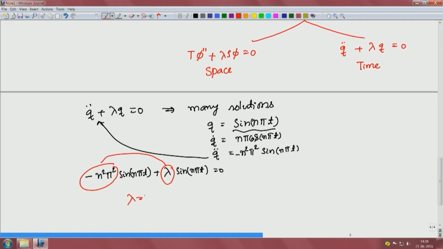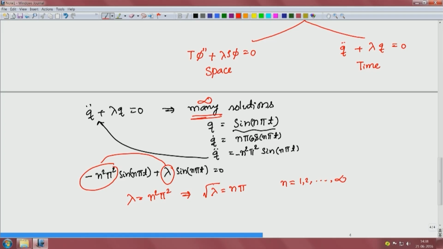So, lambda is equal to n square pi square, or you could have assumed the square root of lambda is n pi, where n can be 1, 2, 3 up to infinity. So, when I say many solutions, there are infinite solutions. I can assume n equal to 1 to infinity, I have that many solutions.